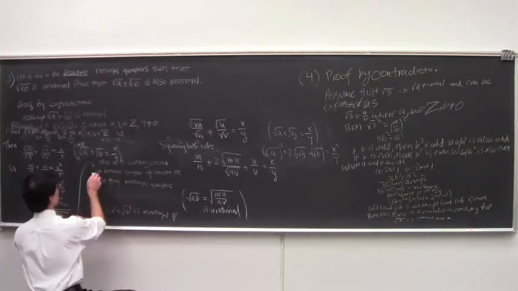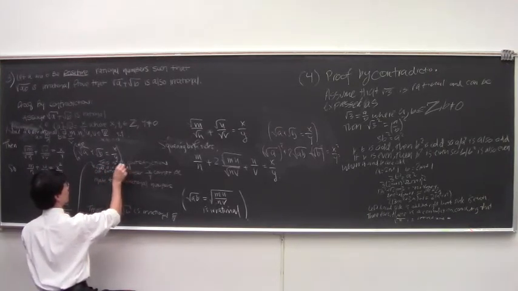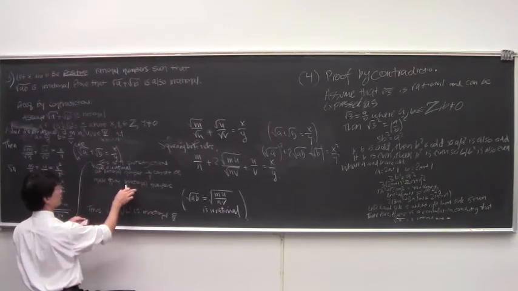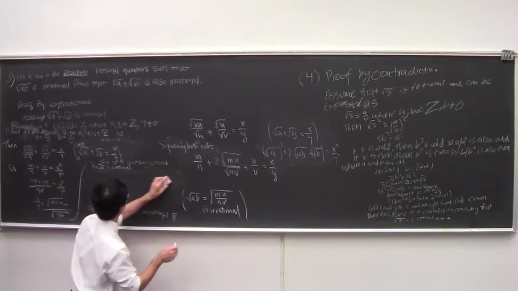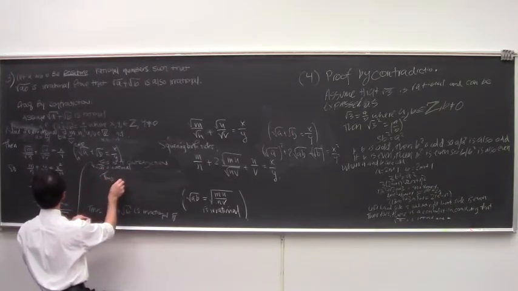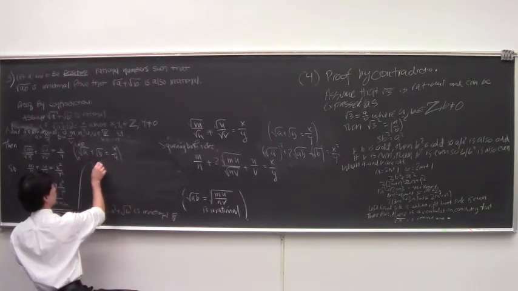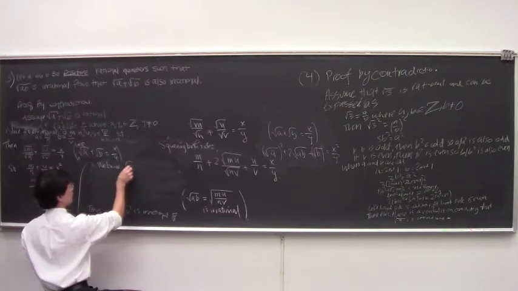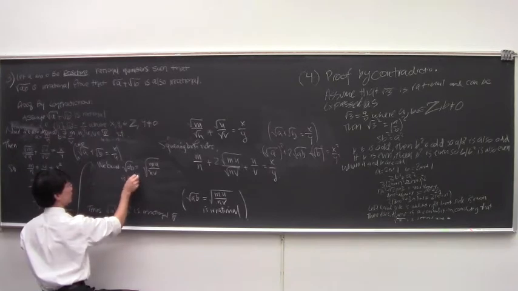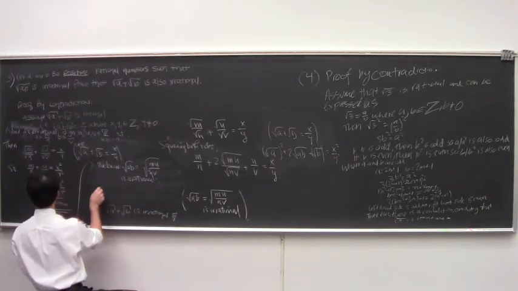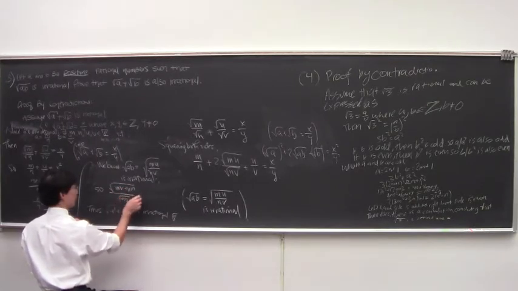You're saying that root AB is irrational, and then you're saying, thus, root MB plus UN over root MB is irrational.